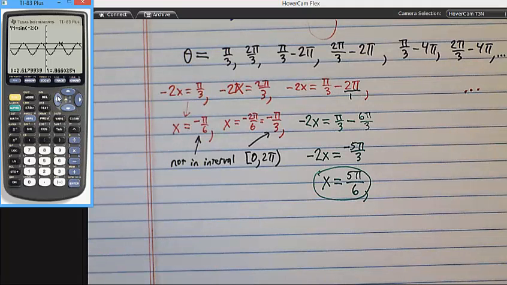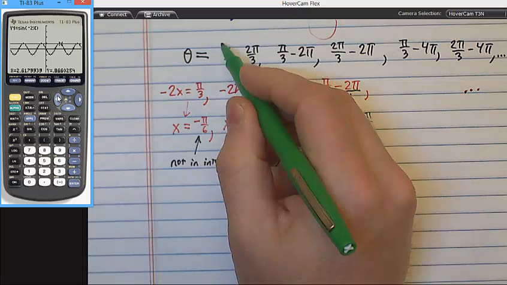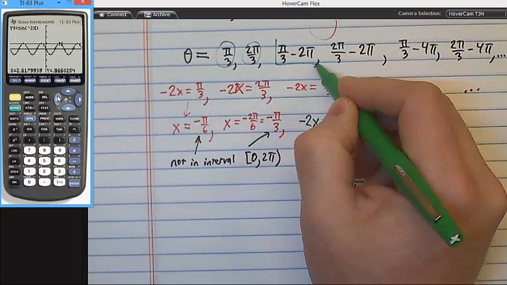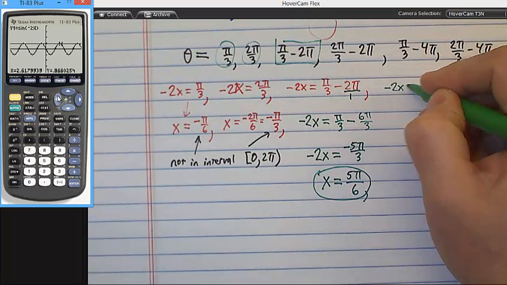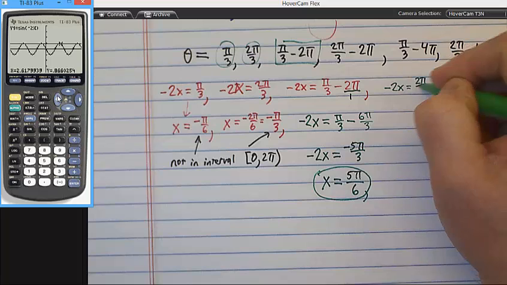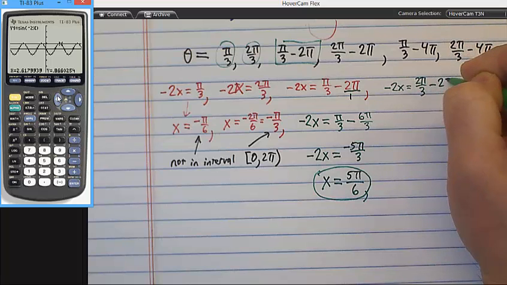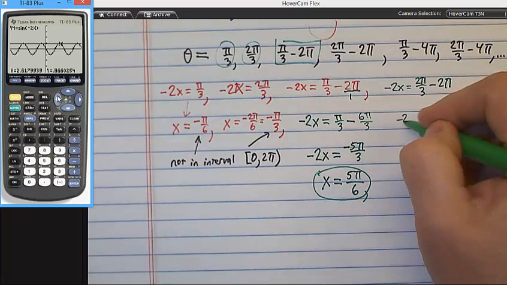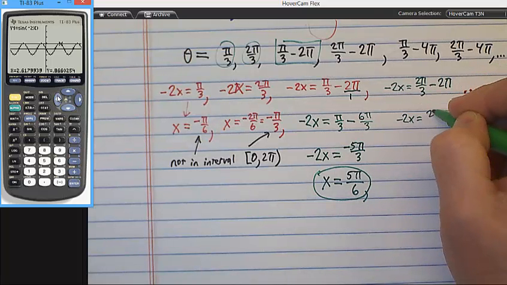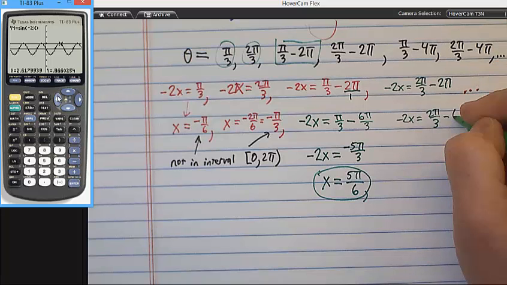Well, let's see. This one didn't work, this one didn't work, this one did work. And now I'm going to try this. Negative 2x is 2 pi over 3 minus 2 pi. Right? Negative 2x is 2 pi over 3 minus 6 pi over 3.